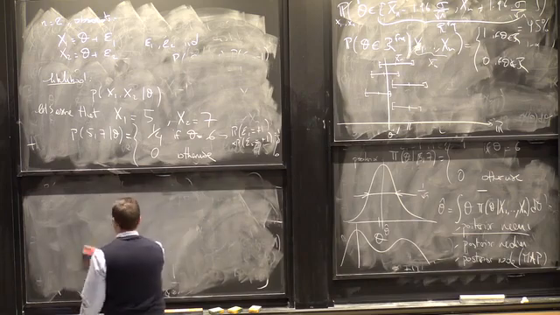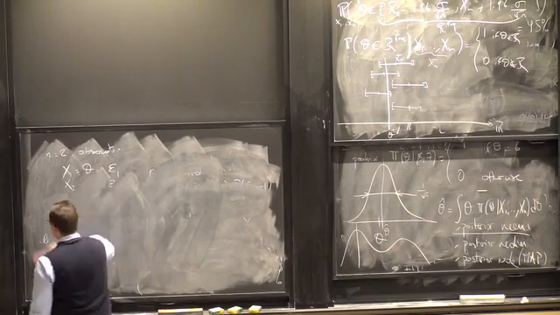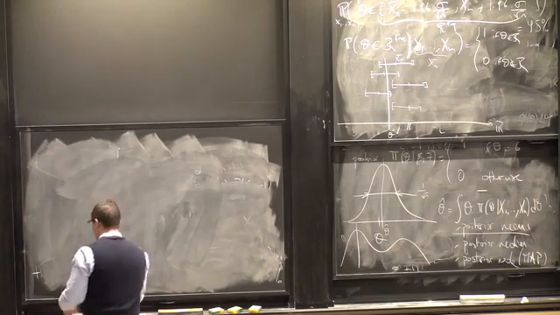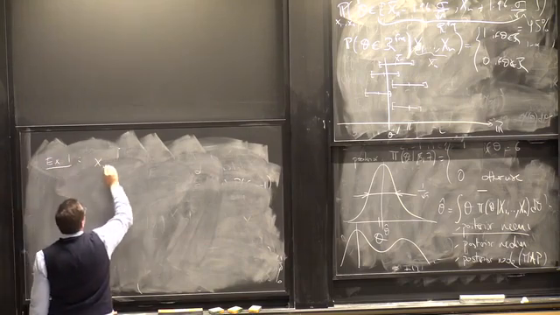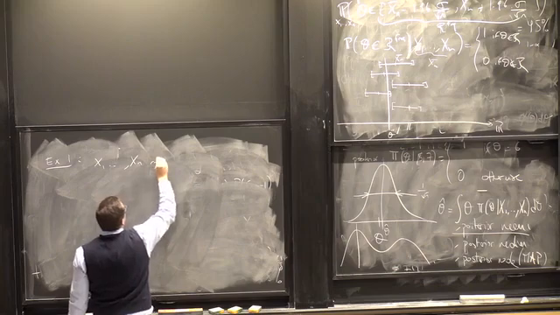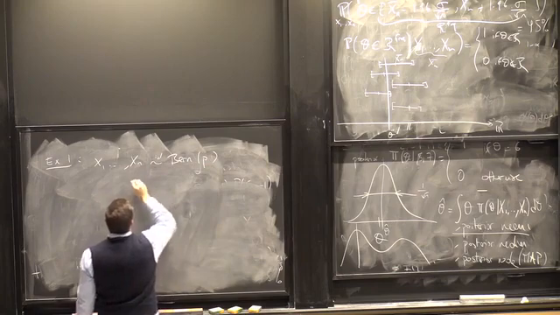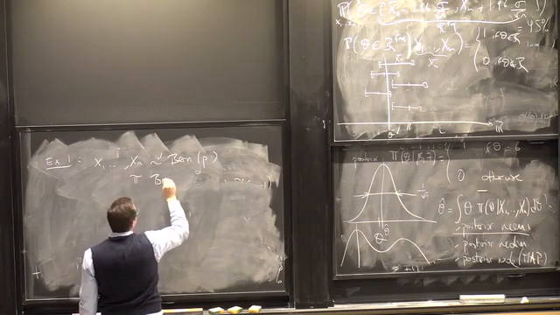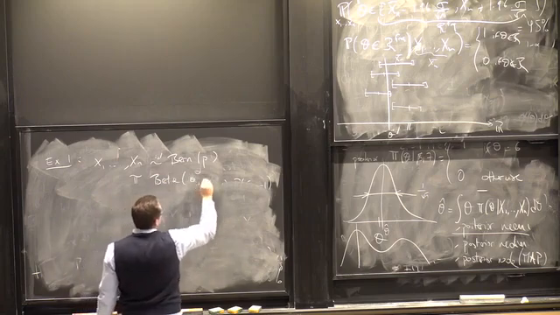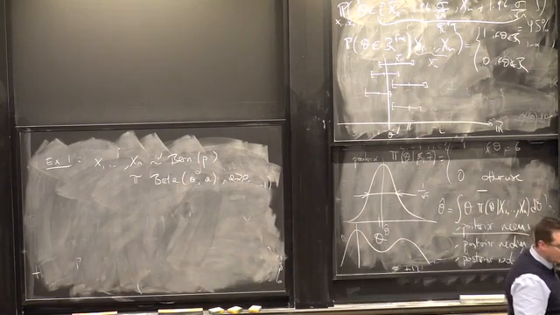Remember in example 1, what we had was x1, ..., xn that were IID Bernoulli p, and the prior I put on p was a beta with parameter a, a. And if I go back to what we computed, you can actually compute the posterior of this thing.